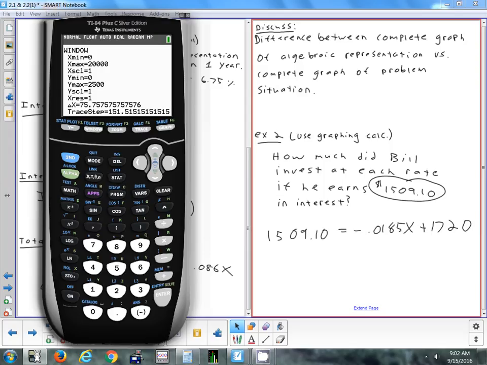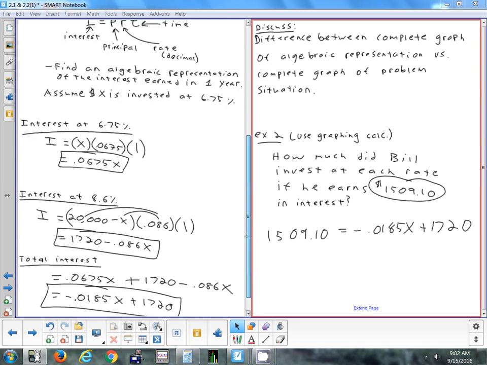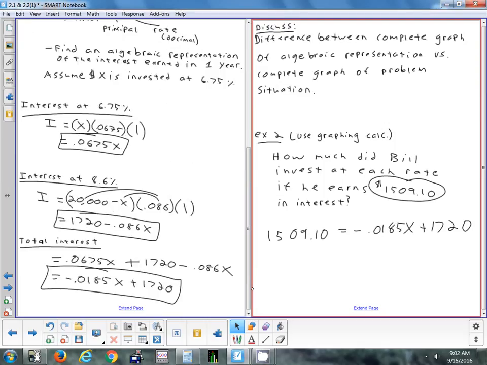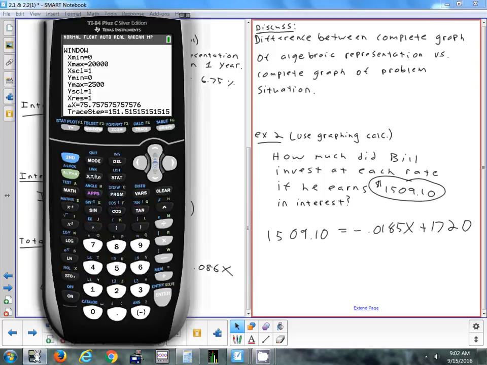So if x is 0, he would earn 1720 in interest. Letting x be 0 means he invested nothing in the lower interest account and everything in the higher paying account. So he can't earn more than 1720. Let's just say 1,800. Notice the more money he invests in the lower paying interest account, the less money he makes.